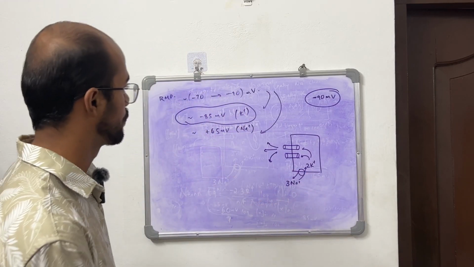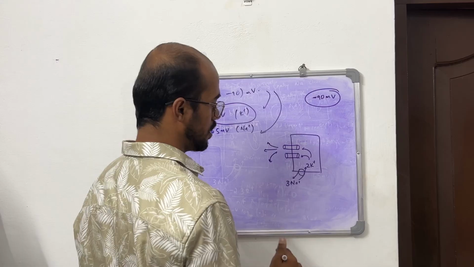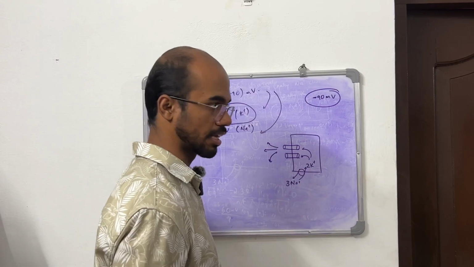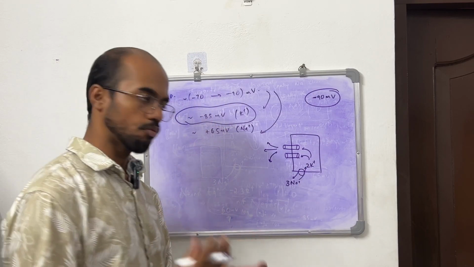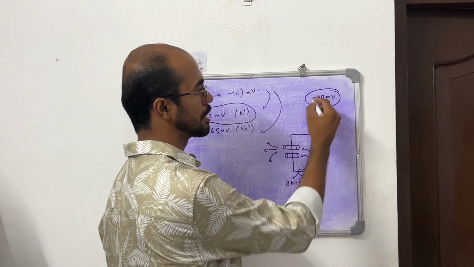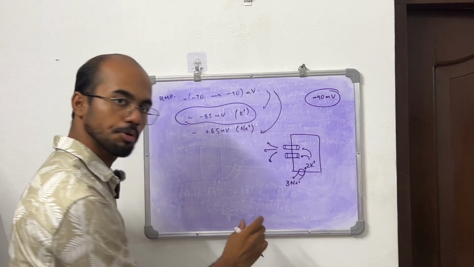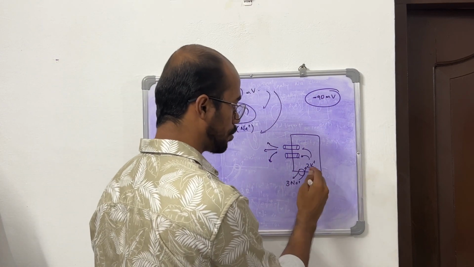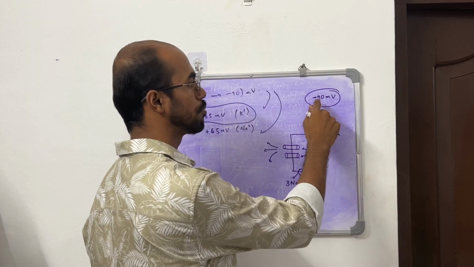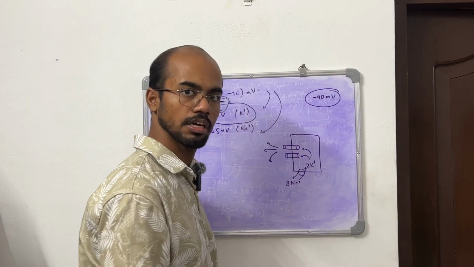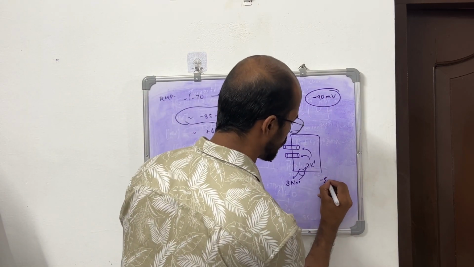So consider this cell. We have the sodium potassium ATPase working, and even though the resting membrane potential is negative 90 millivolt, the contribution of the sodium potassium ATPase towards this membrane potential is only around negative 5 millivolt.